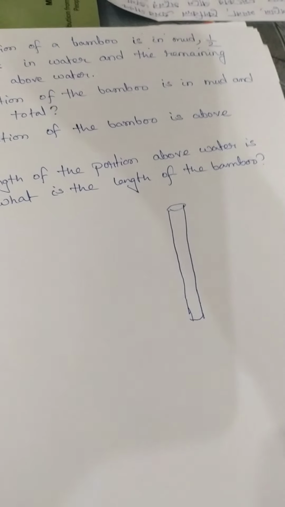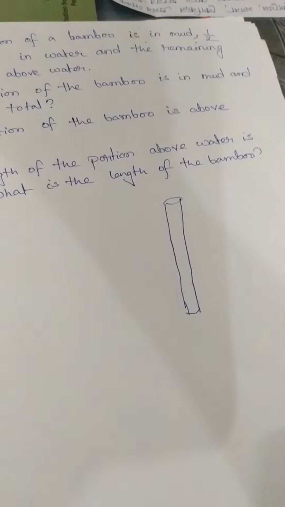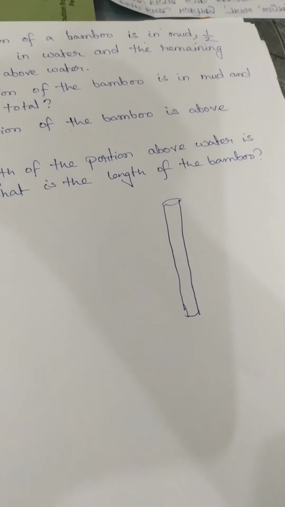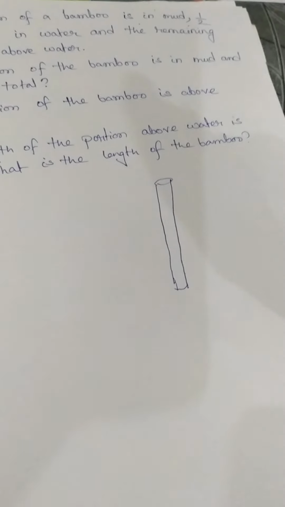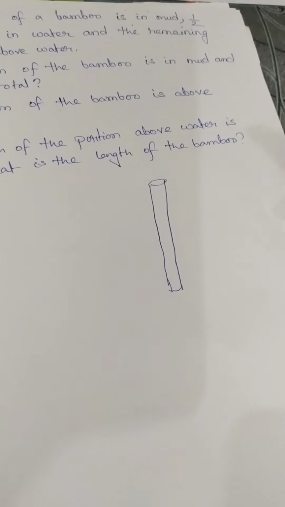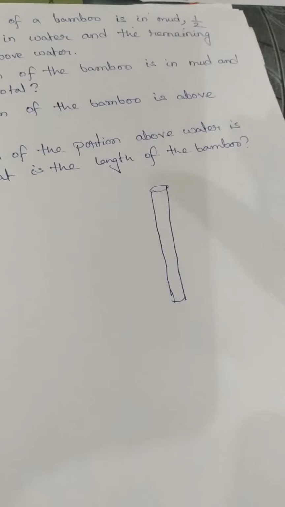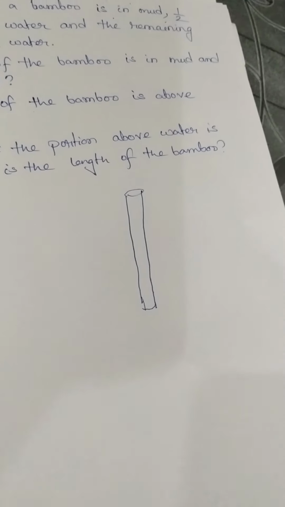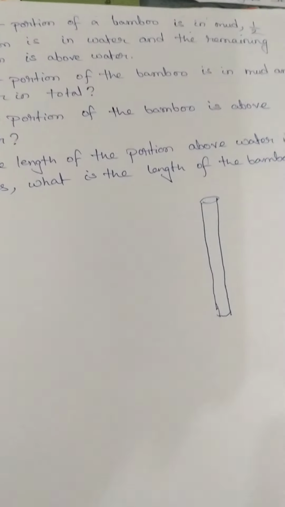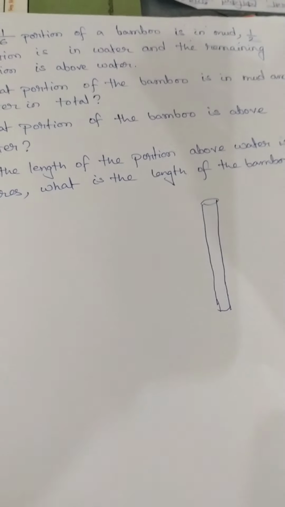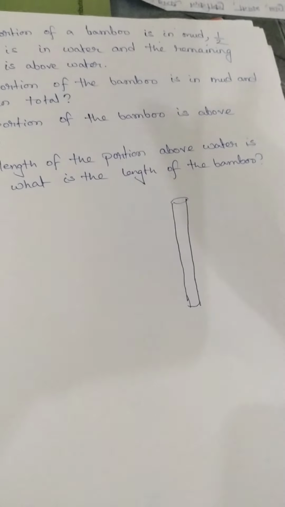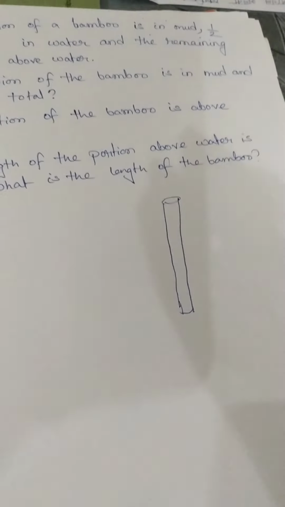When you dig a bamboo or a stick into a pond, what happens? Some part gets inside the mud, some part stays in the water, some part remains above water. So here also that's the same case. Suppose you have dug a bamboo into a pond.